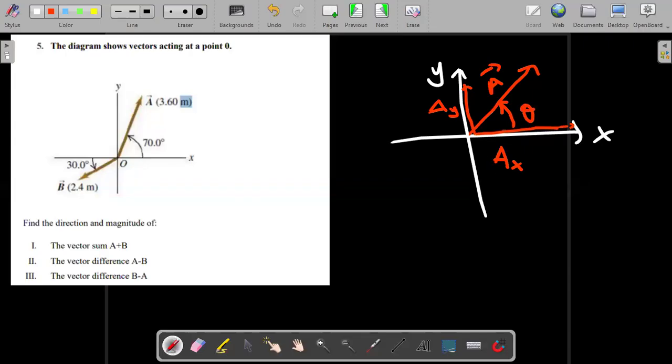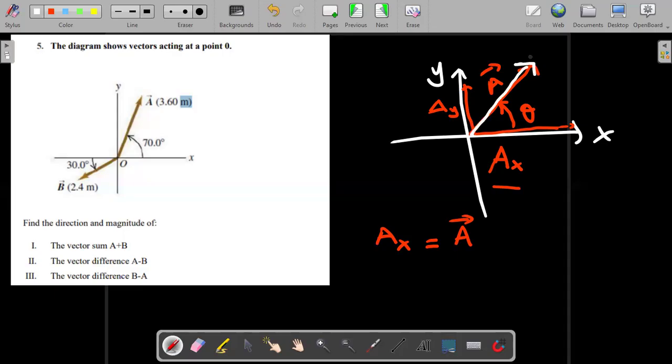When finding the x component of the vector A, it is going to be equal to the magnitude of the vector A, the size of the vector A. The size of the vector A is given by the length of the arrow, from the point where it started all the way up to that side.